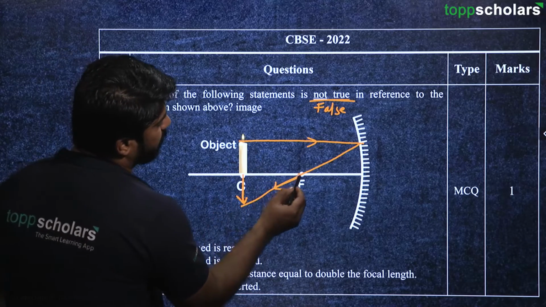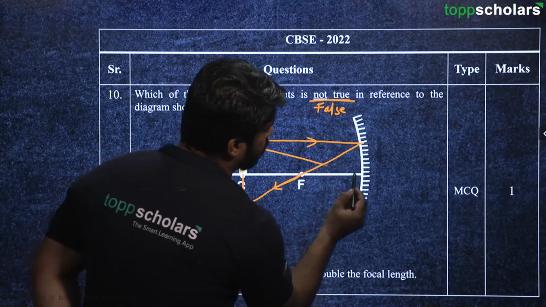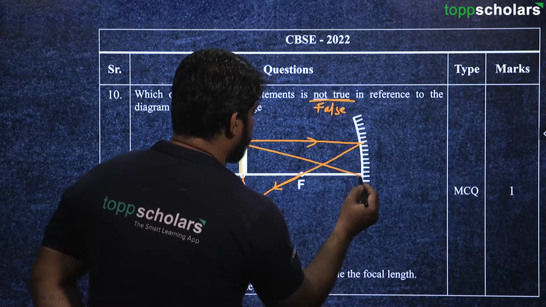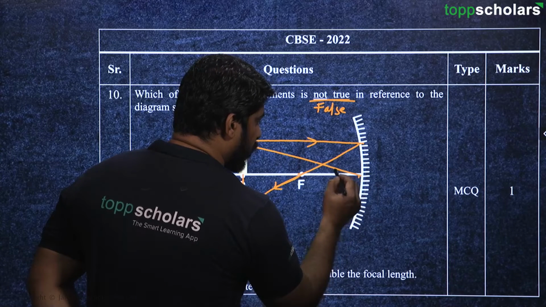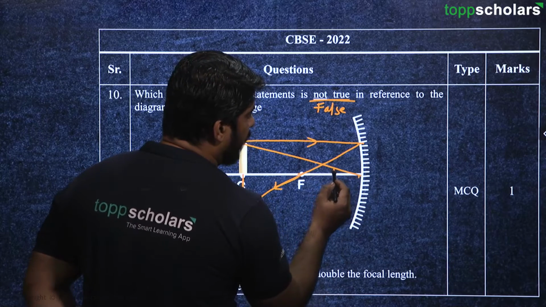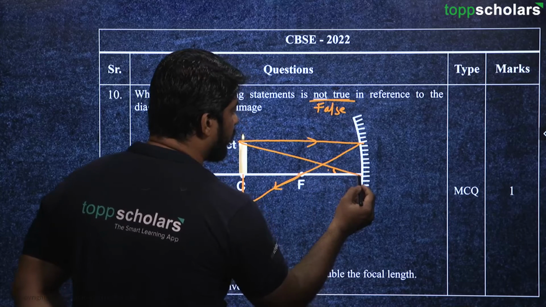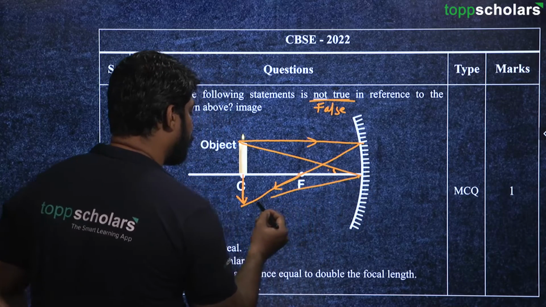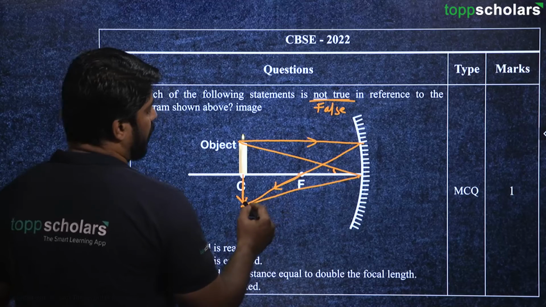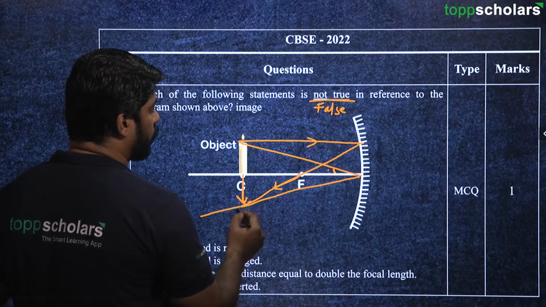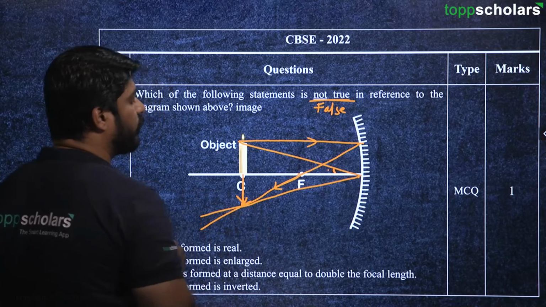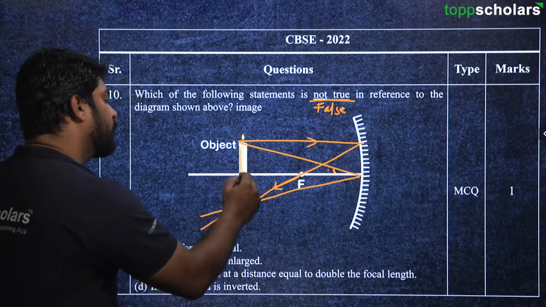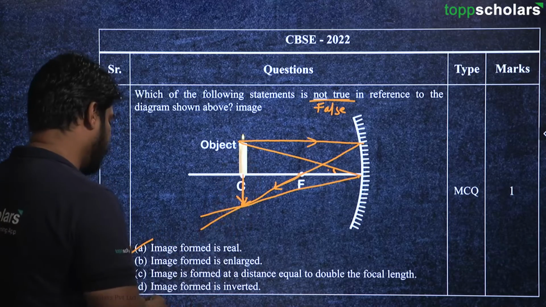Then the second ray which is passing through this point over here, it will follow the laws of reflection and the angle of incidence and angle of reflection will be same, and it will go here, and these two rays are meeting over here. So the image is going to be formed over here. So the image is formed exactly at C itself, is it?